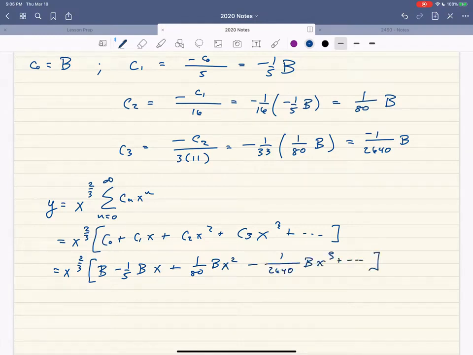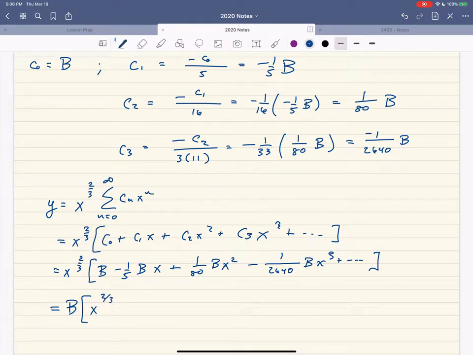And then I'm going to do two things all at once here. I'm going to factor out the b's, which we're used to, and I'm going to distribute in the x to the 2/3. This is, again, no longer a power series, but it is a series solution.